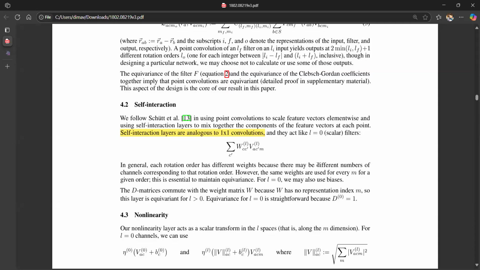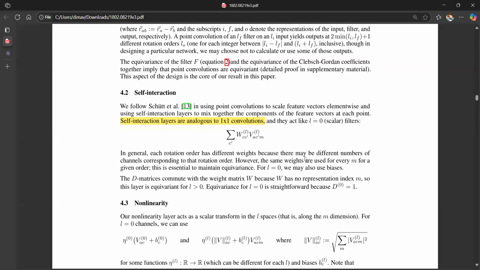And let me remind you that in classical computer vision, one-by-one convolutions are used as just a learnable rescaling function that rescales pixels, right? So that's pixel-wise.